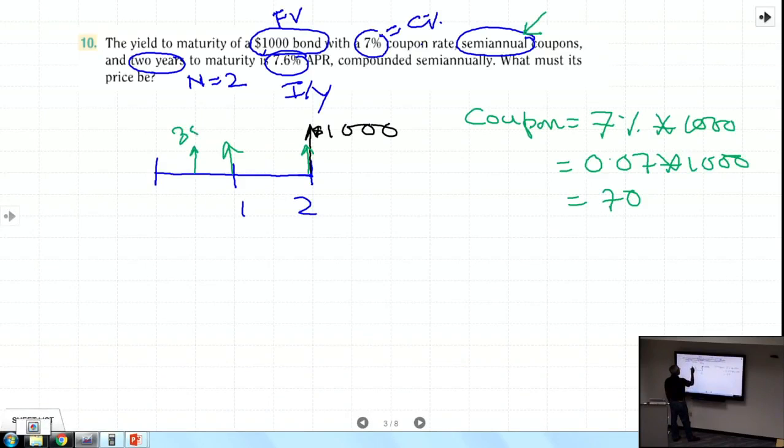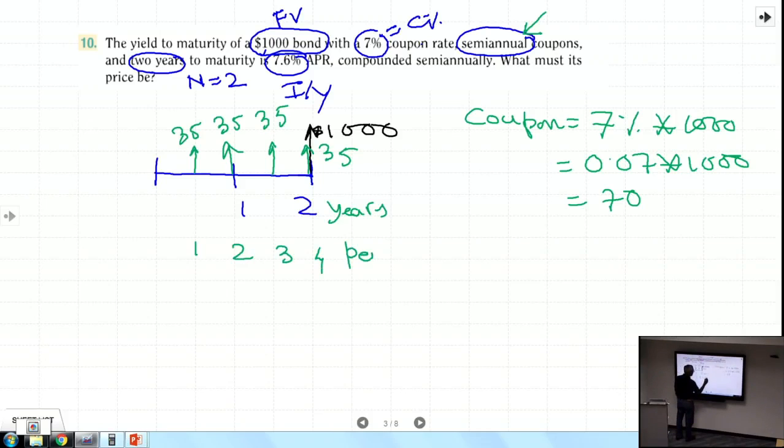So it's going to be 35, 35, 35, and 35, over 4 periods. And the interest rate, the APR over each year is 7.6%. However, the interest rate over each period is going to be 7.6 divided by 2.